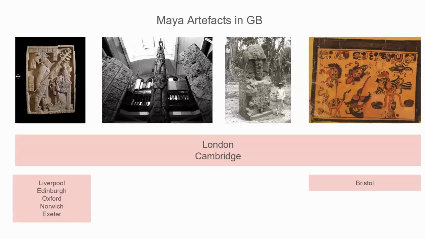In Liverpool, Edinburgh, Oxford, Norwich, and Exeter you have artifacts like shards and figurines, which are great for archaeological study but not so interesting for epigraphic studies. In Bristol, it is quite nice that they have a collection of several hundred drawings by Adela Breton, an artist who worked in Yucatan and painted all the great stuff from Chichen Itza and Acanceh, where we have been this year.